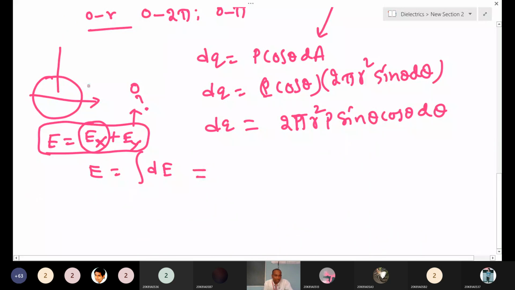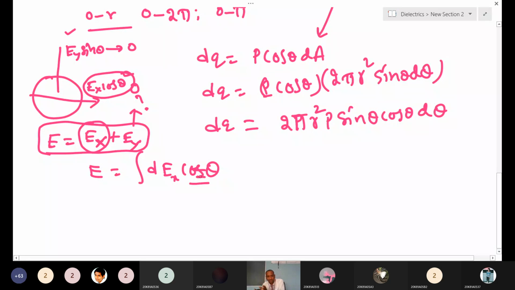If you divide this into Ex cos theta and Ey sin theta, the x component and y component of the electric field, this becomes 0. Only we have dEx cos theta. So one more extra cos theta term is coming, because when you divide the electric field, the y component is 0.